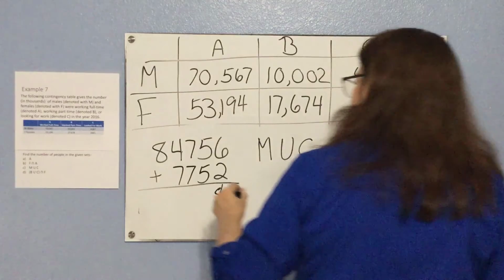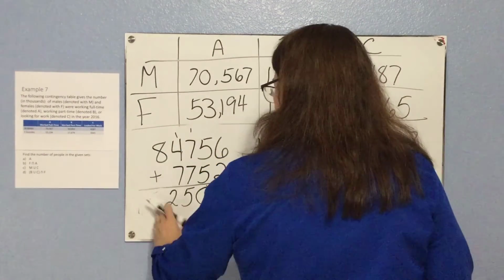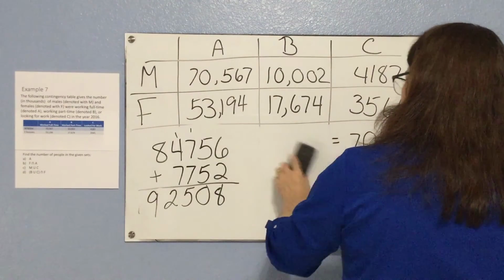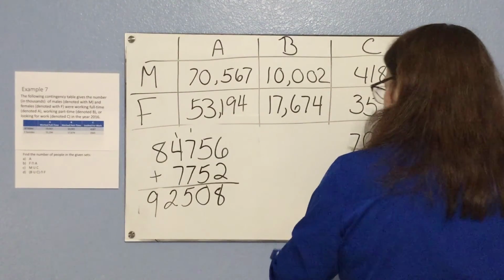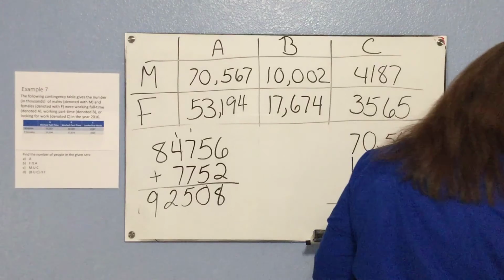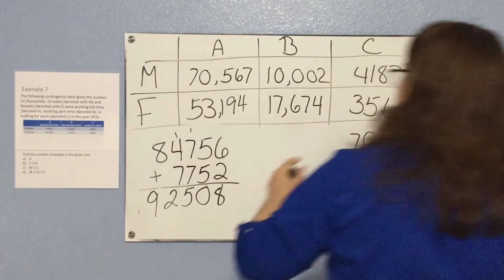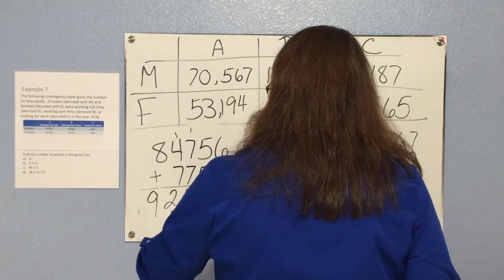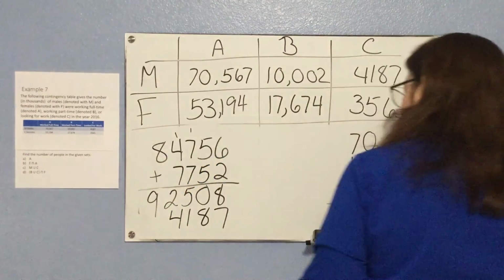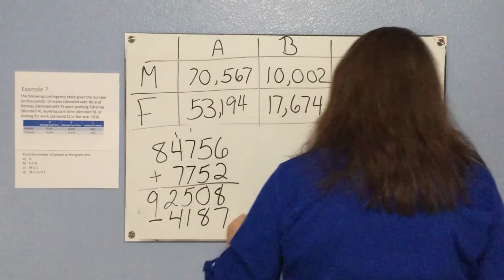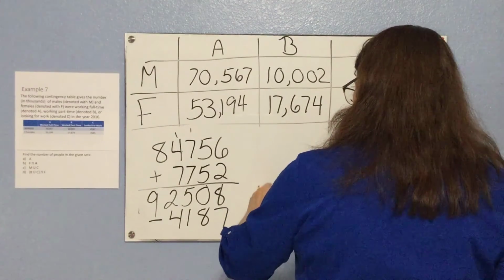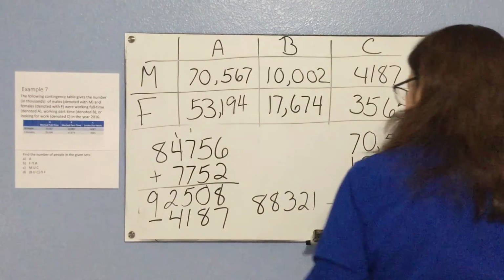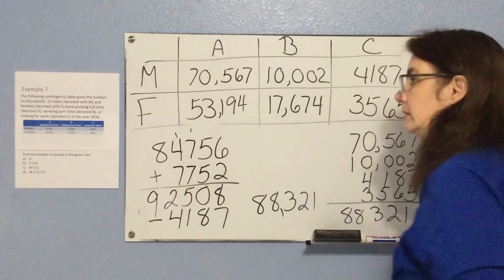So then when I put those together, 92,508, and then I would have to take away the part that overlapped, which is 41,87, and I would still get 88,321. Okay, so either way you can work that one.